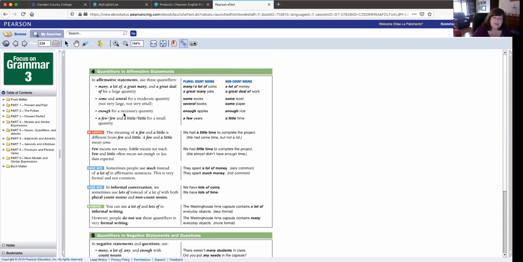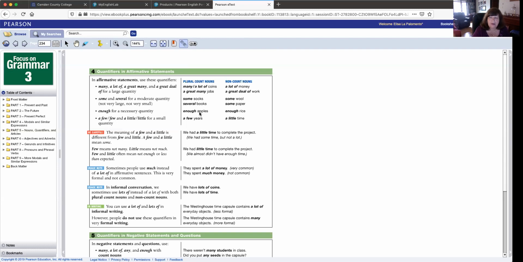We use enough to mean that we have what we need, okay? So if Mrs. Jones sends her son to the store to buy milk, she has to give him money. If the milk costs $3, she has to give him at least $3.